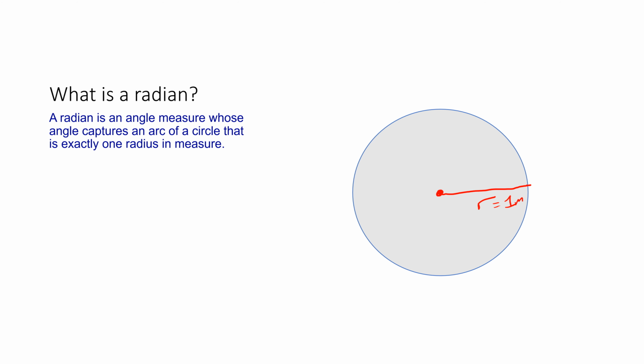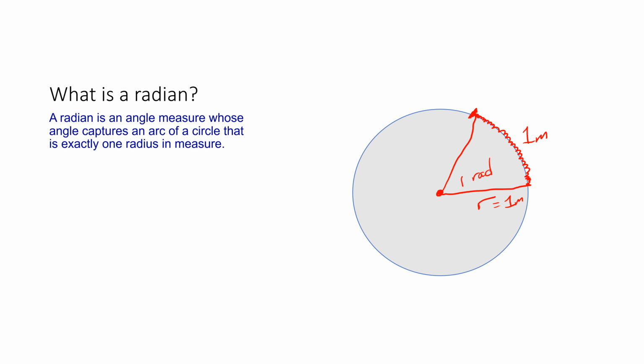If I were to take a piece of string that was equal to one radii, I could put that piece of string along the edge of the circle, and then at the end of this piece of string, I would have my radian. So there's 1 radian, and this arc length right here is 1 meter.